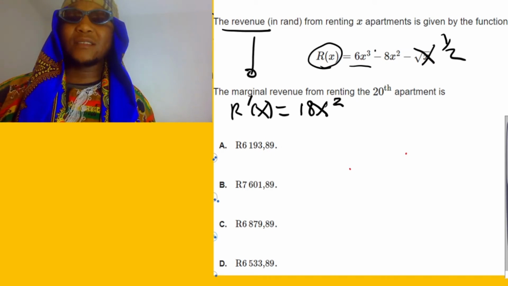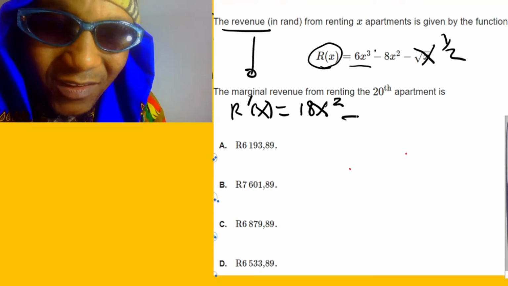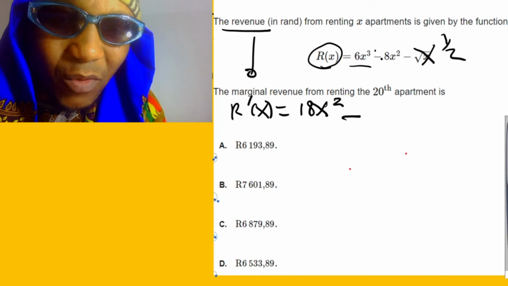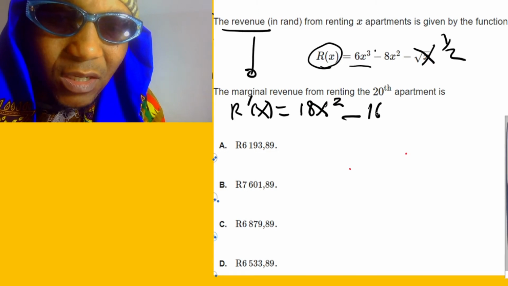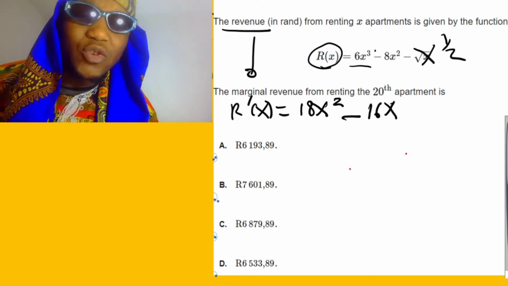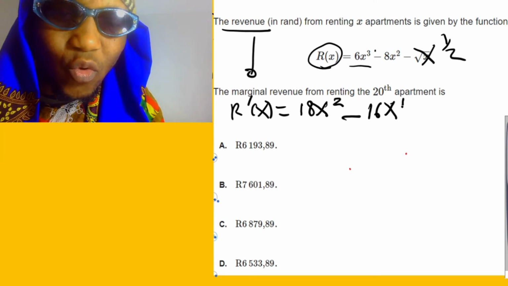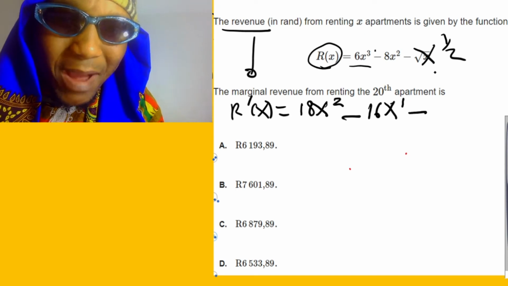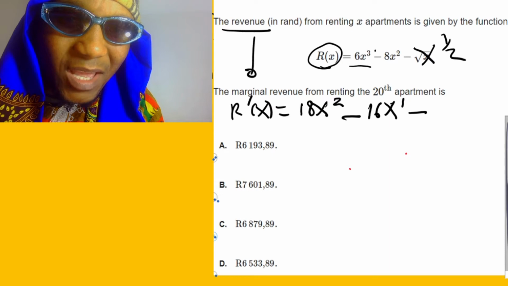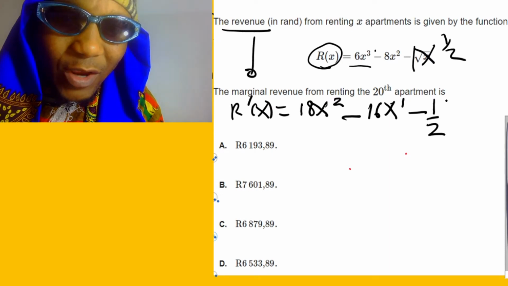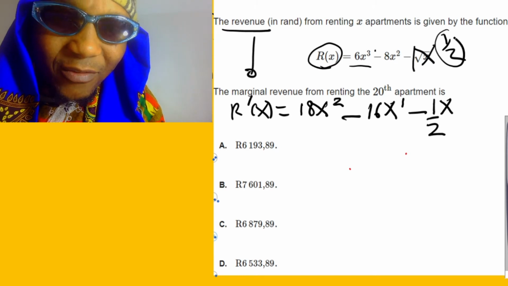That's how you differentiate. Now, minus. Take the number on top, also multiply the one at the back. 8 times 2 equals 16. Write your x, and 2 minus 1 equals 1. Now, minus. There's no number here, meaning there's a 1. A half times 1 equals a half. Write your x. A half minus 1 equals negative a half.